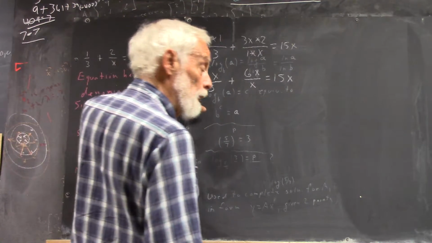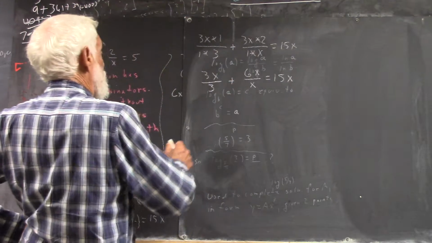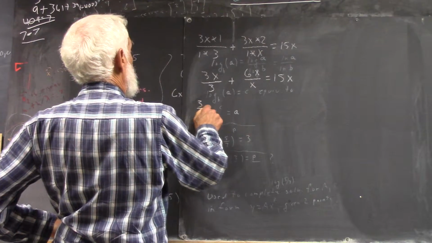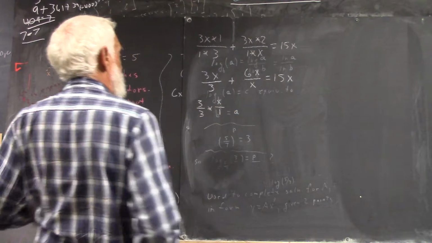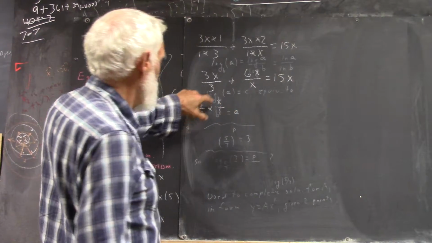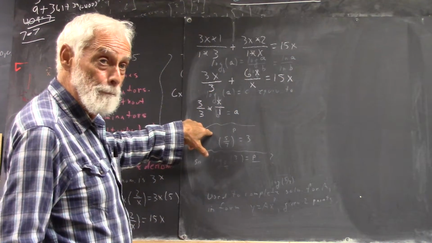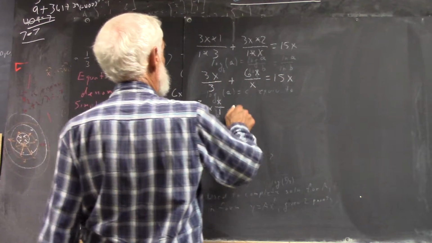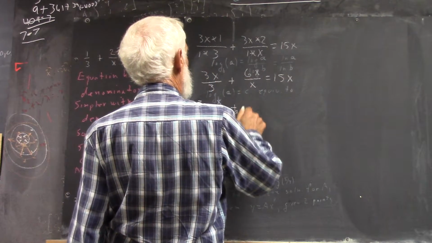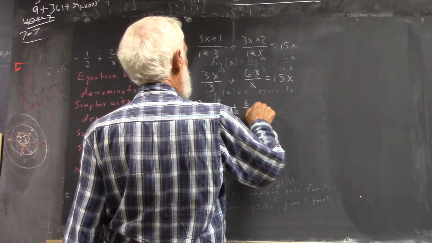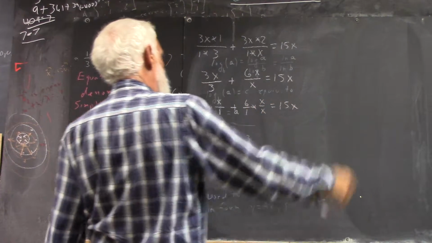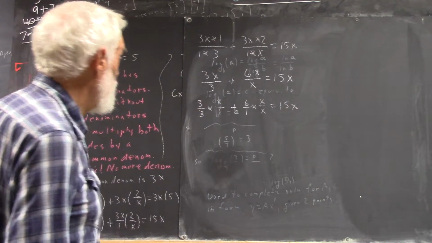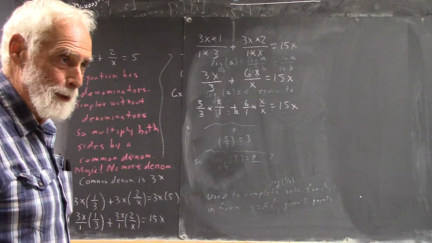So we're going to rearrange this. And I can multiply, okay, this is also a product of fractions. 3x over 3 is 3 over 3 times x over 1, isn't it? And 6x over x is 6 over 1 times x over x. And our 15x is still sitting over here waiting for something to happen on this side.